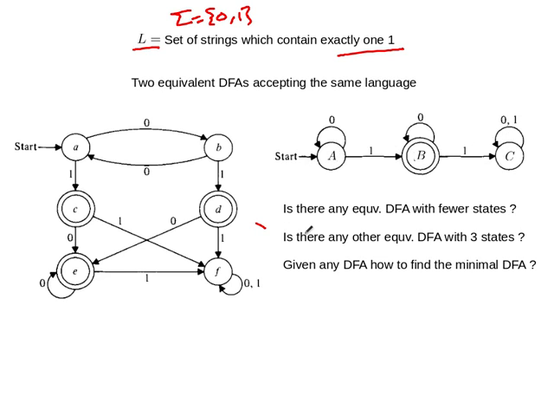For example, naturally you will ask questions like, is there any equivalent DFA, that means a DFA accepting the same language, with fewer states, 1 or 2? For this particular example, maybe you will consider all DFAs with 1 state and 2 states and easily show it.